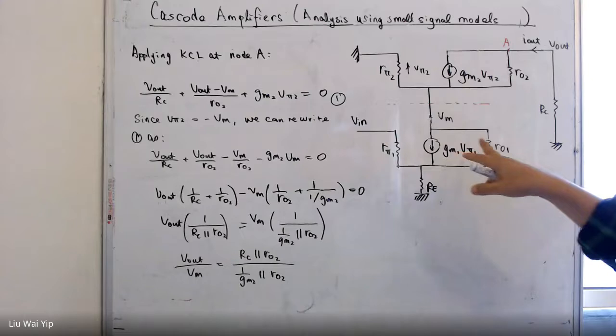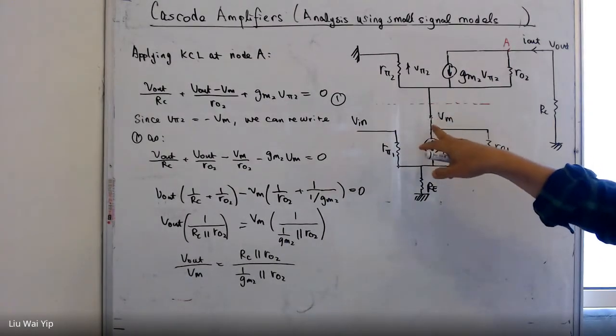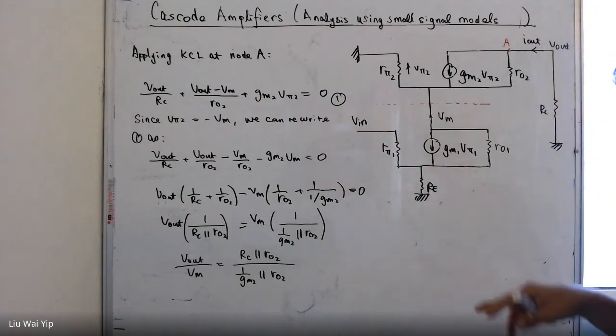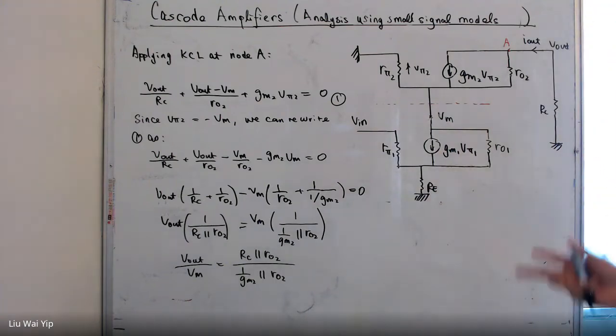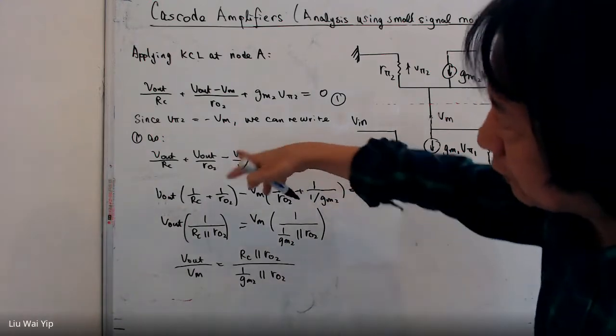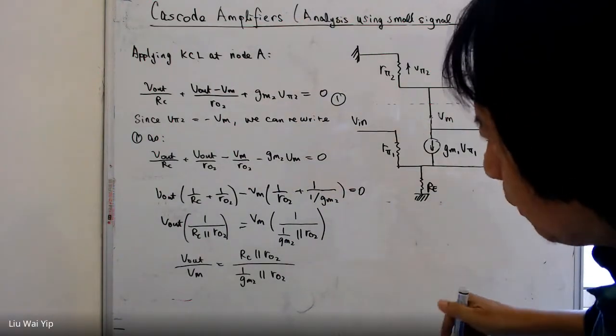So the next thing is to work out the transfer relation between Vm and Vin. And for the time being, because we are running out of space, we write down the analysis here, and then we clean up this part here.